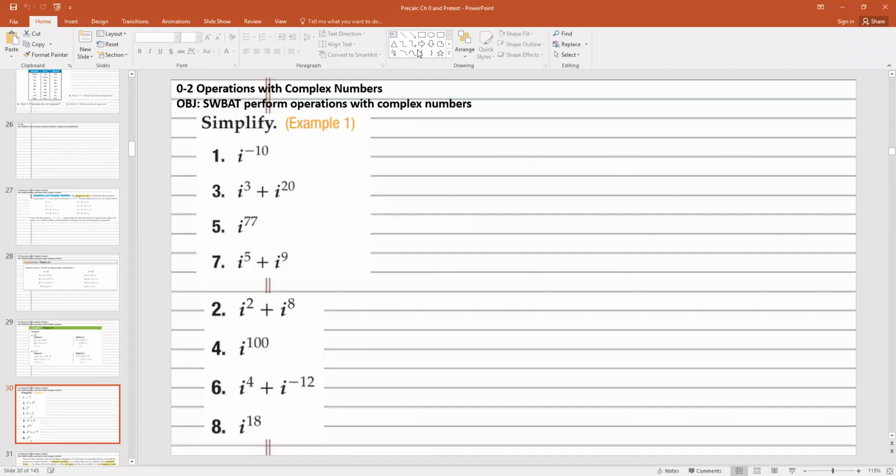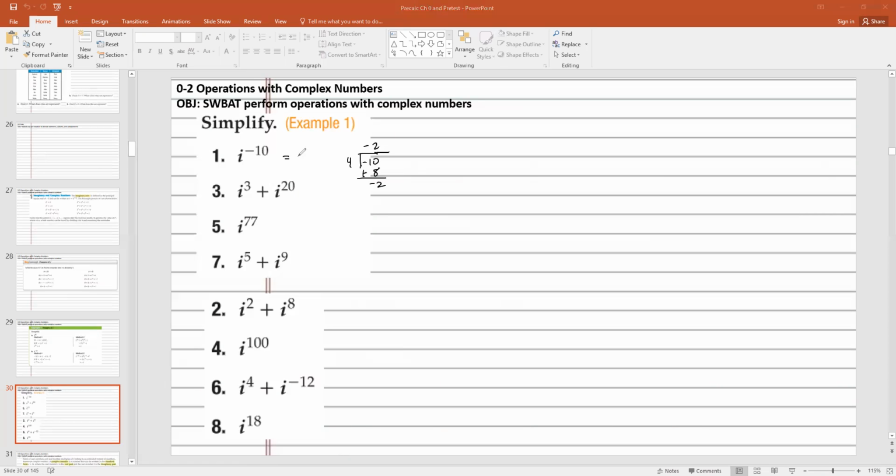So here we want to simplify i to the -10th. So again, you want to do -10 divided by 4. 4 goes into 10 2 times, -2 times. -2 times 4 is -8. Subtract, so we change that sign and we get -2.